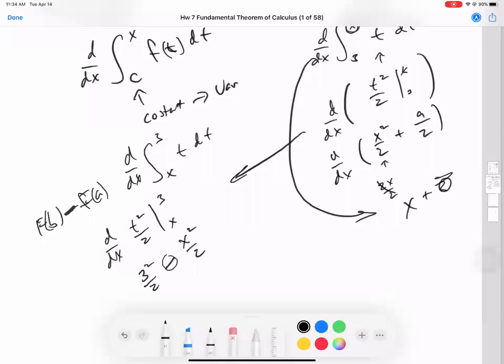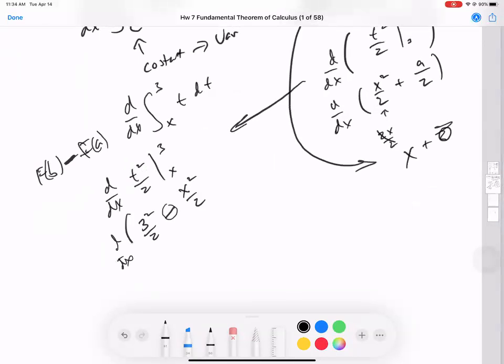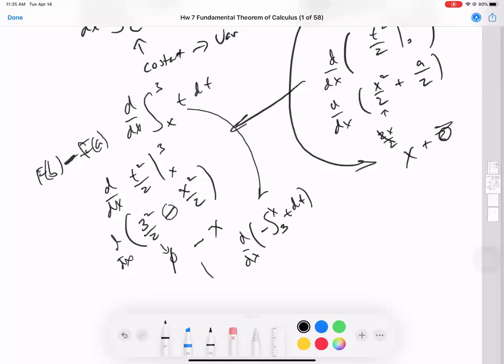Now, if I take the derivative of this problem, this is a constant, so it goes away. See you later. But we're left with a negative x, which is the same thing as if I wrote this problem as a negative integral from 3 to x of t dt. That's your negative sign.